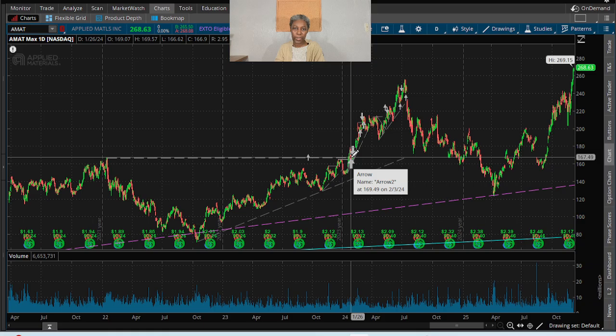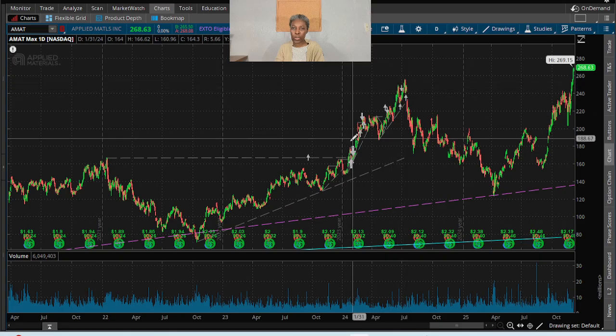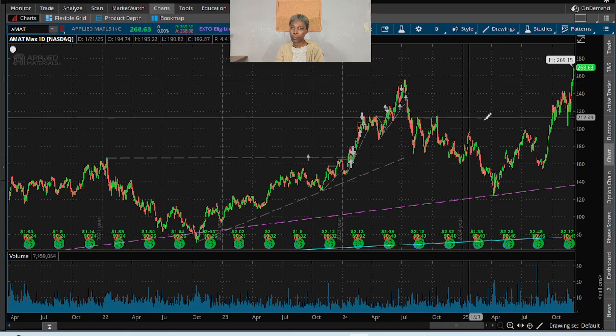Almost a year later, it continued, from January all the way to July. So 6 months or so of growth.